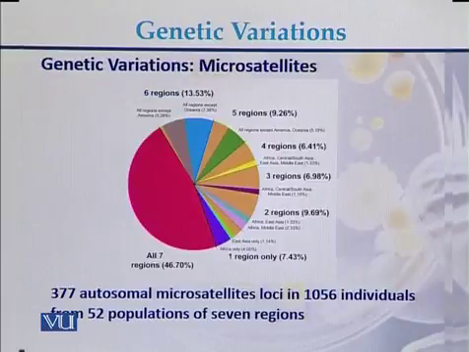Genetic variations in the form of microsatellites. 377 autosomal microsatellite loci were genotyped in 1056 individuals from 52 populations of 7 regions of the world. These are region 1, region 2, region 3, 4, 5, 6 and 7.